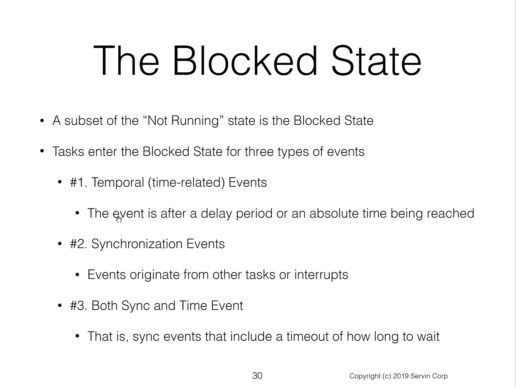That is, the event is after a delay period, or an absolute time is reached. So in other words, you're running, and let's say you go to sleep for say 1,000 milliseconds. Well, you're waiting for an event, and until that event, saying 1,000 milliseconds have gone by, you can be in the blocked state.